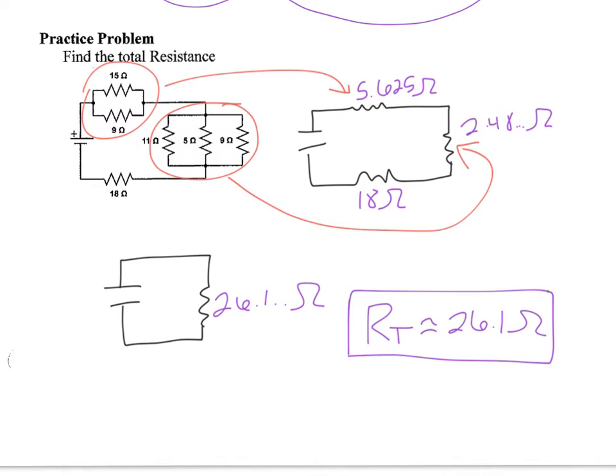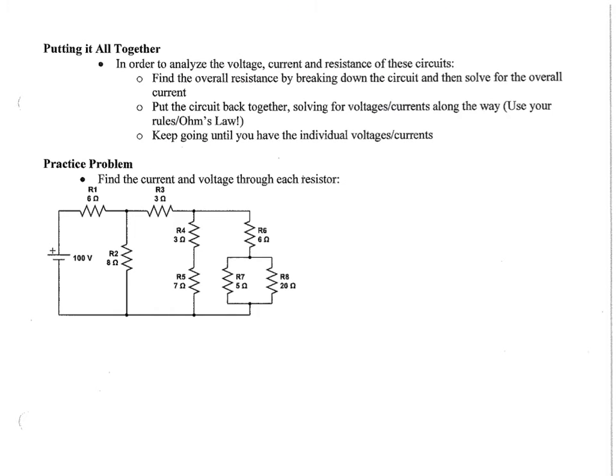Now let's put everything together. In order to analyze the voltage, current, and resistance of the circuits, the first thing you want to do is find the overall or total resistance by breaking it down.